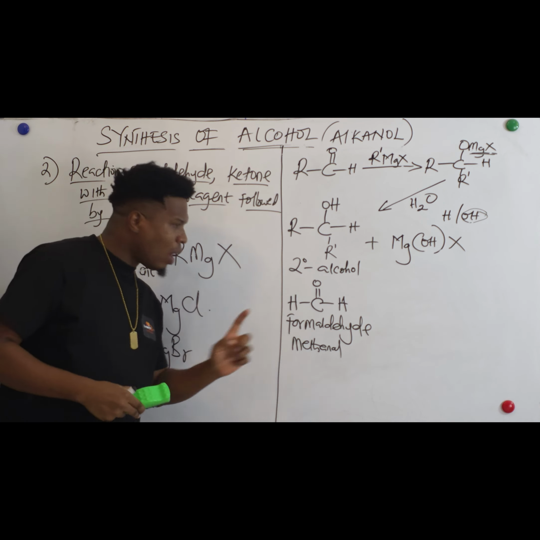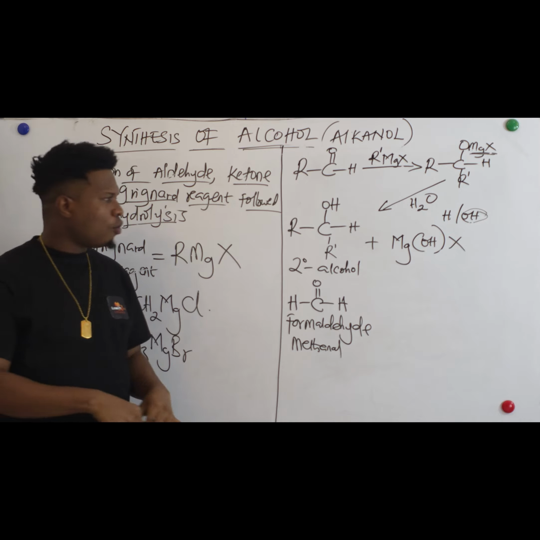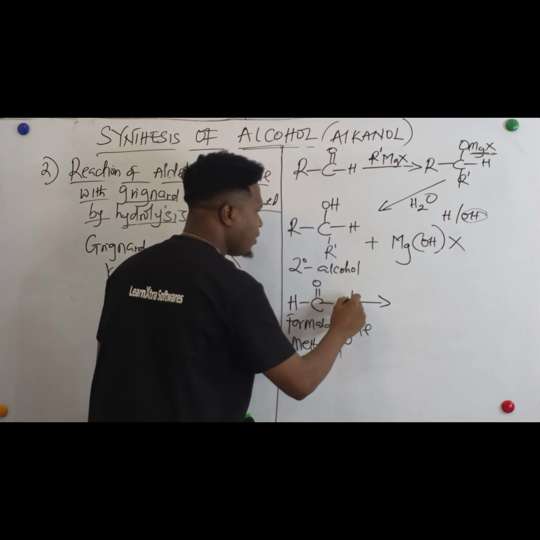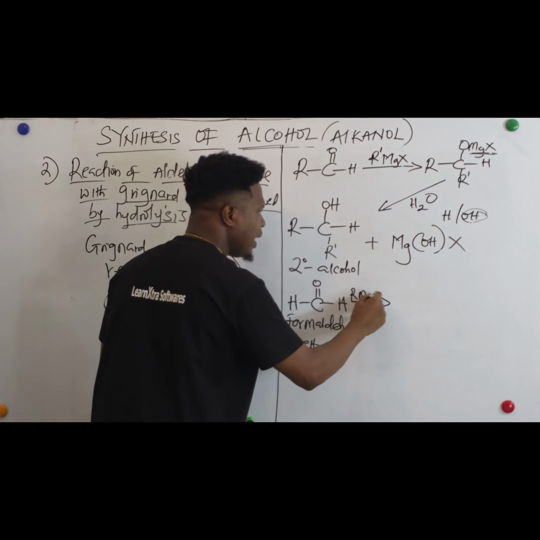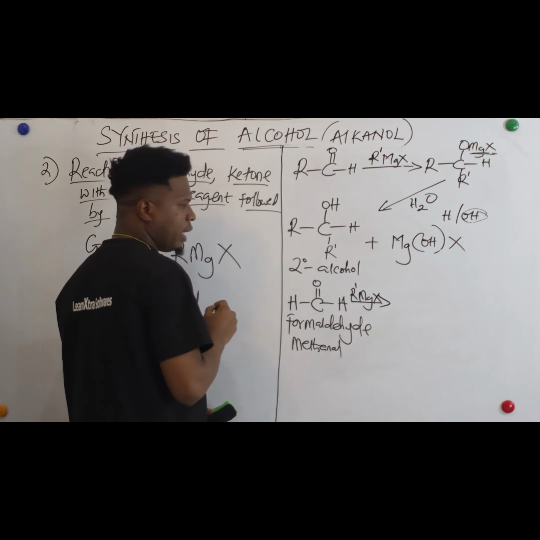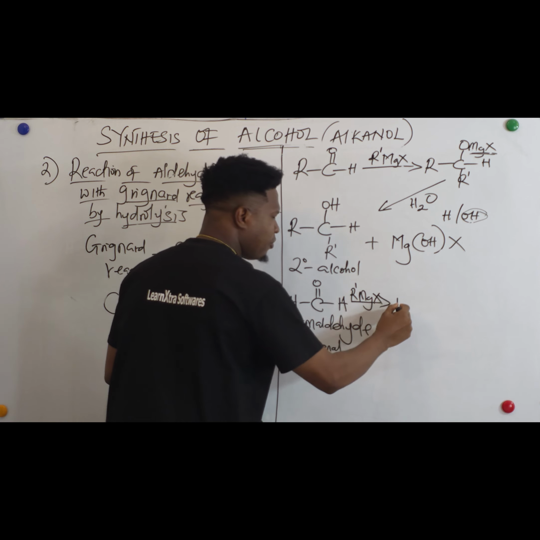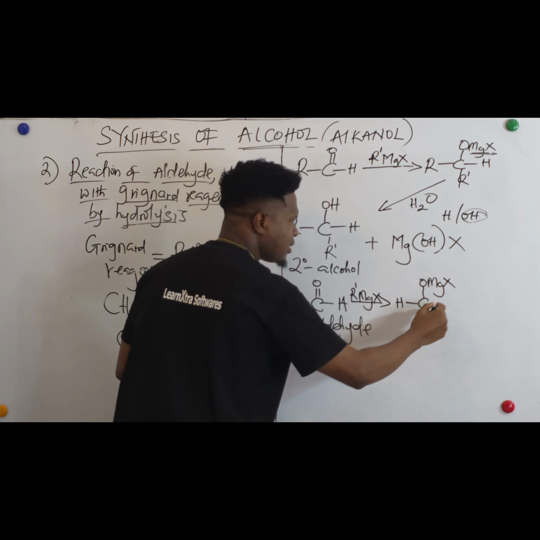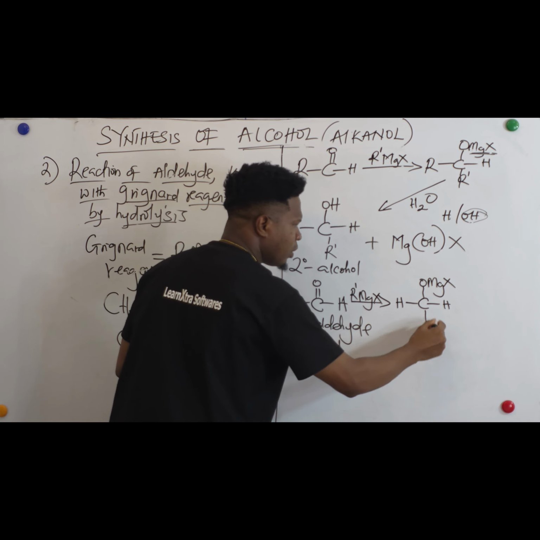So how will this one give us a primary alcohol? Watch. The next thing is to react with a Grignard, let's say RMgX prime. When you treat with this, you have H connected to OMgX, and you have the R connecting here.